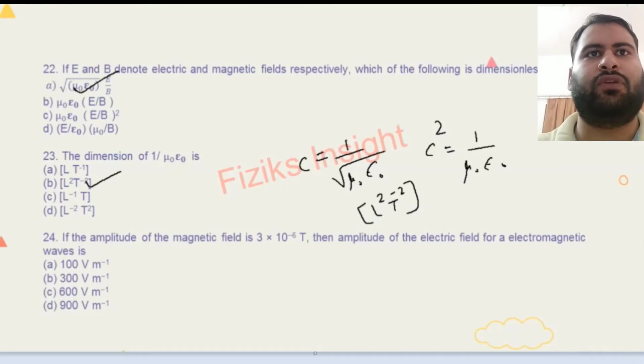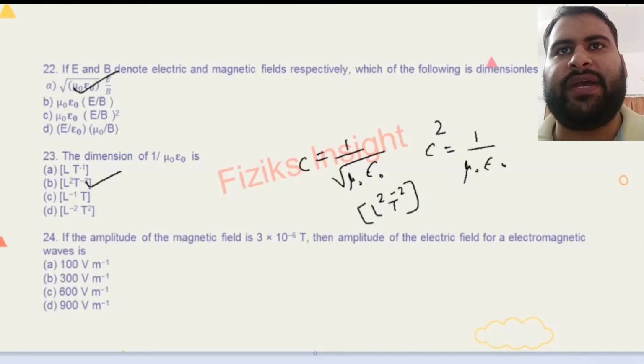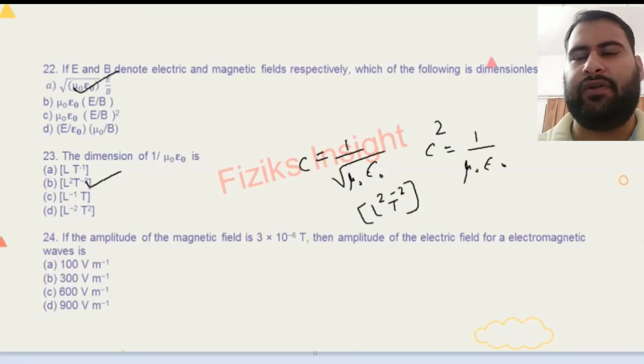Now for 24th question, if the amplitude of magnetic field is this, then the amplitude of electric field for an electromagnetic wave is 100 volt per meter, 300 volt per meter, 600 volt per meter, 900 volt per meter. Now see, if the amplitude of magnetic field is given to you, means B is given to you and C you very well know.